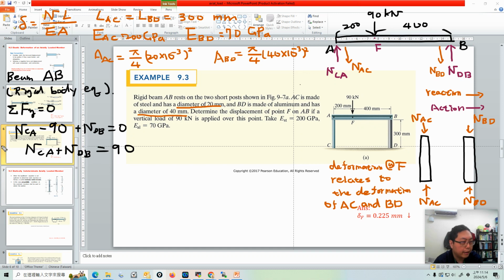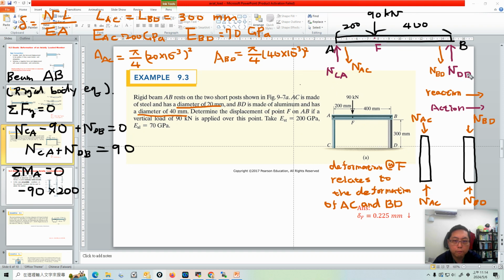The next thing is the total moment equal to 0, and we choose A as the reference point. So we don't consider any force at A. The 90 kilonewton pointing down gives a clockwise rotation, so it's minus 90 times 200 millimeter.